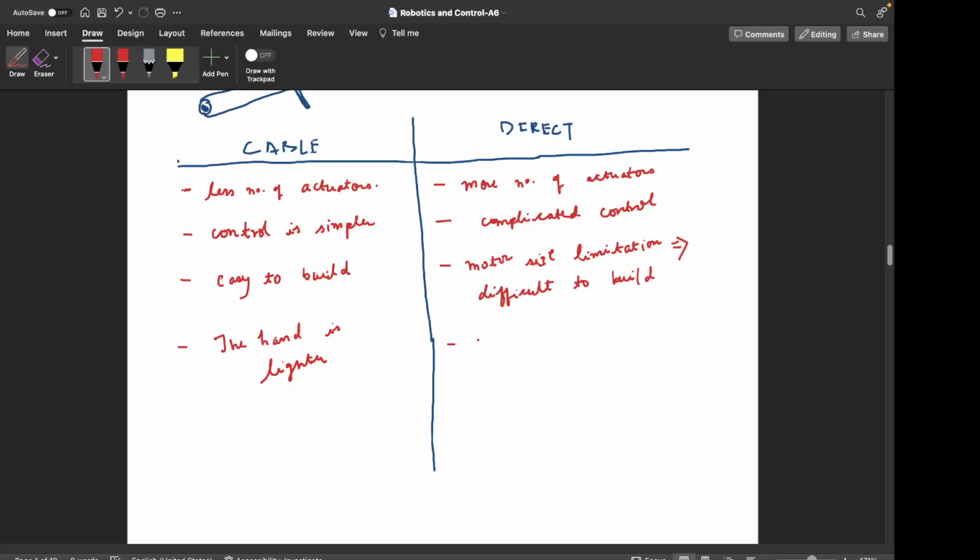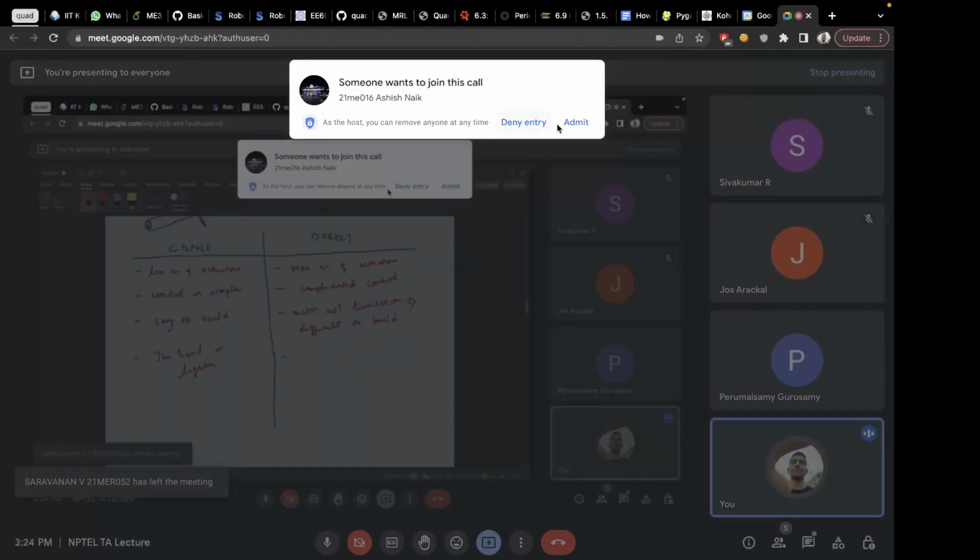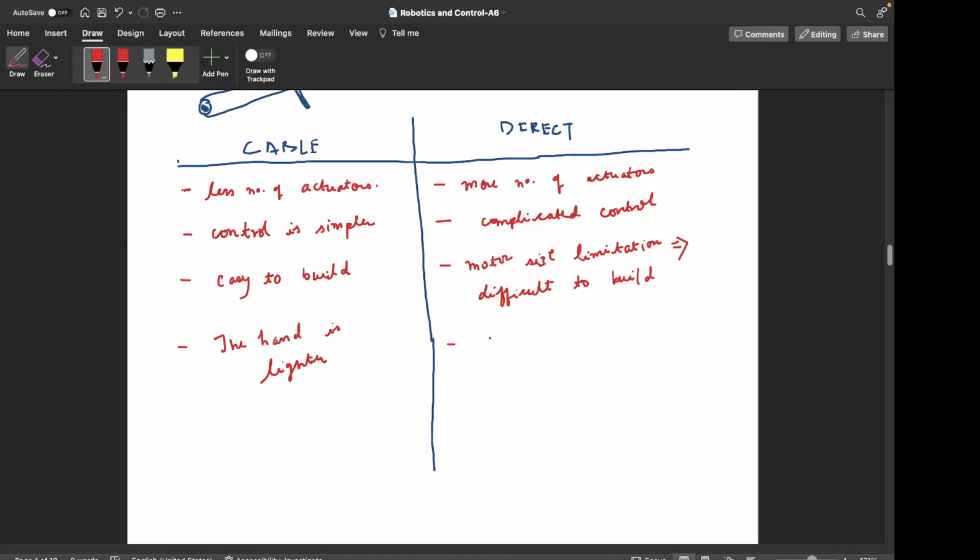There are multiple motors whose weight adds up in the weight of the hand, so the hand becomes heavier due to multiple motors on the hand itself.